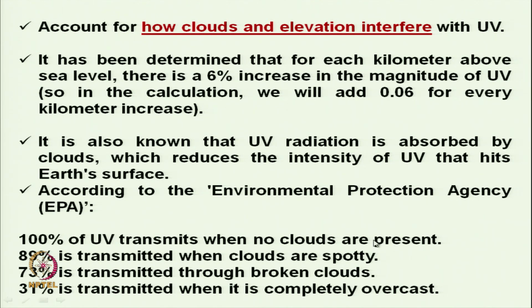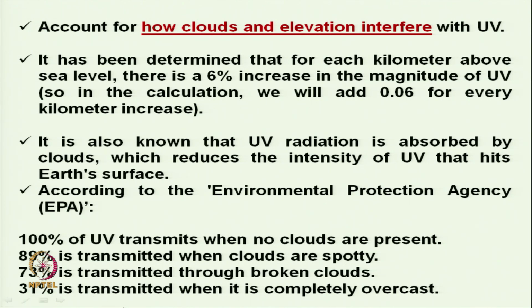So, there is no restriction or reduction, but for scattered clouds there will be 89% transmission, and for a completely overcast sky there will be 31% transmission. Then 31% will reach, and typically 69% will be absorbed.